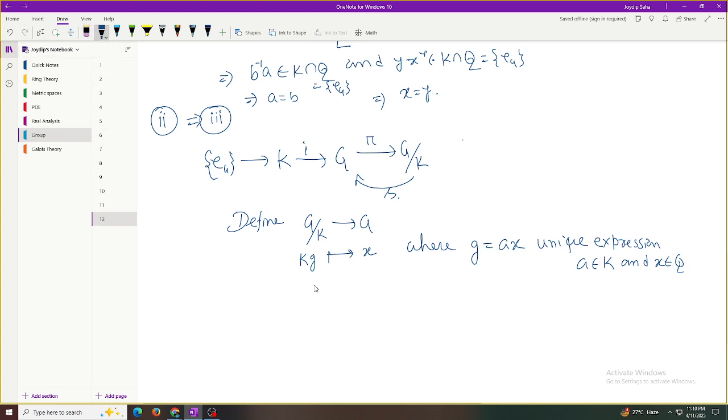Now, is it well defined? Let Kg1 equal Kg2.